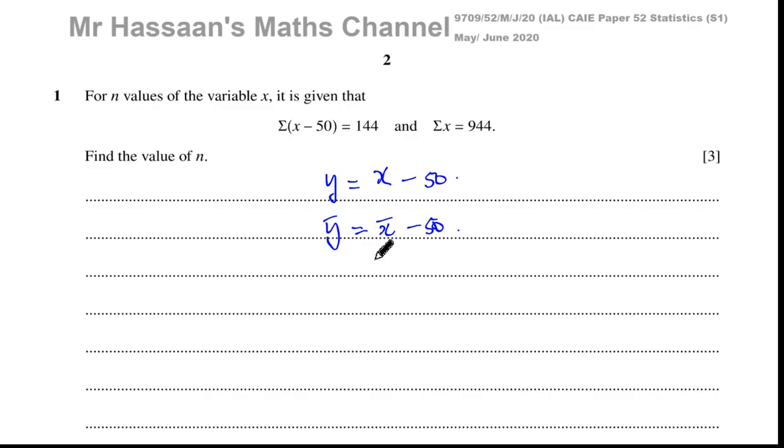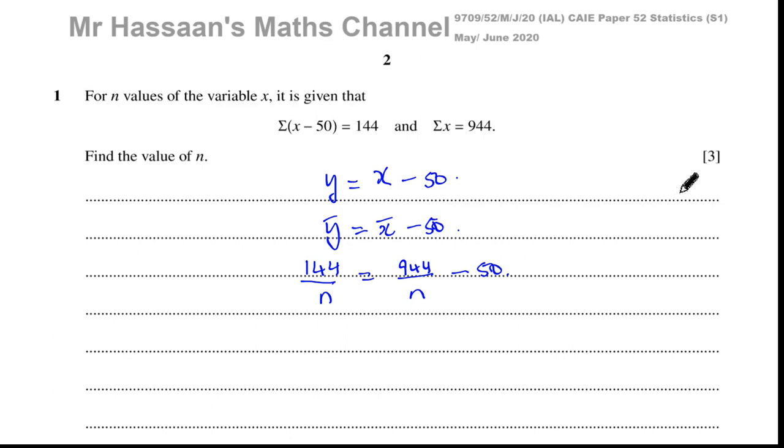So we can say that 144 divided by n is the coded mean, and that's equal to the actual mean, which is 944, also divided by n because there's still n entries, but then take away 50. And this should help us. Solving this equation will give us the value of n.